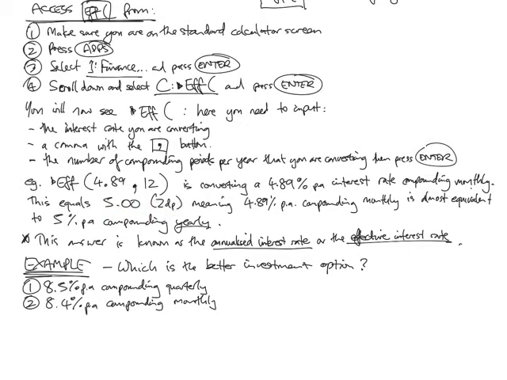Obviously it's not exactly 5, but with rounding, we're basically saying that that 4.89% interest rate compounding monthly is essentially the same as 5% per annum compounding every year. So we converted that 4.89% per annum compounding 12 times a year to what it would be per year, which is actually 5% per annum.